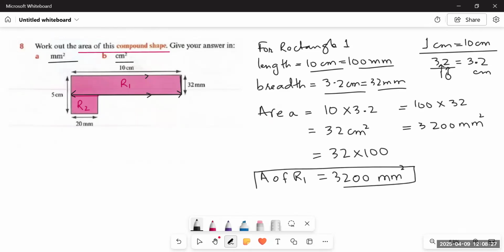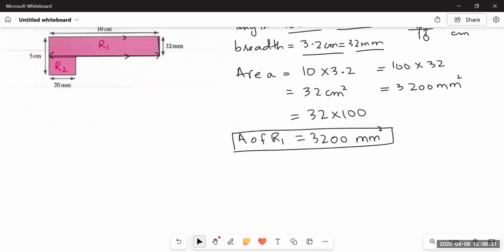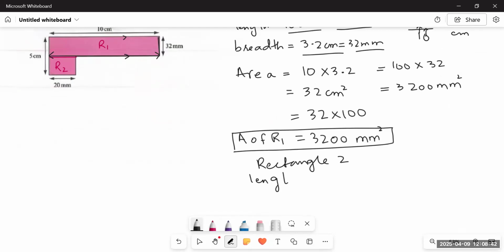And then let's find the area of rectangle 2 the same way. For rectangle 2, the length is not given.